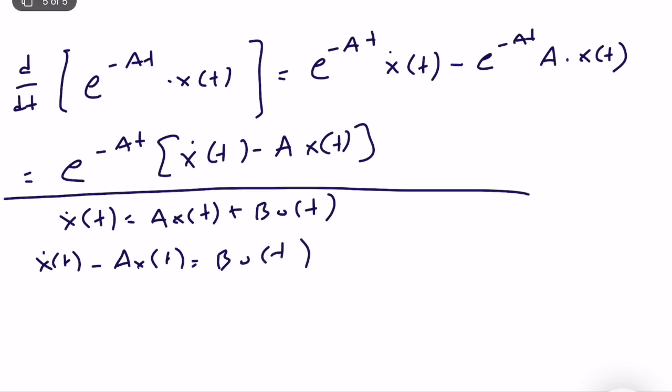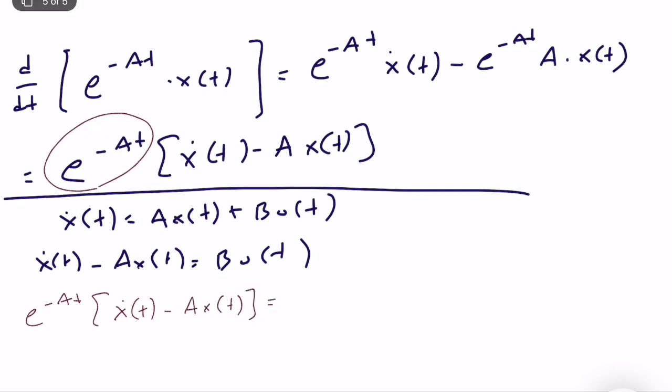I can multiply both sides with this. So e to the power minus at times x dot of t minus a times x of t is equal to e to the power minus at times b times u of t, which is good. So we are reaching somewhere now.